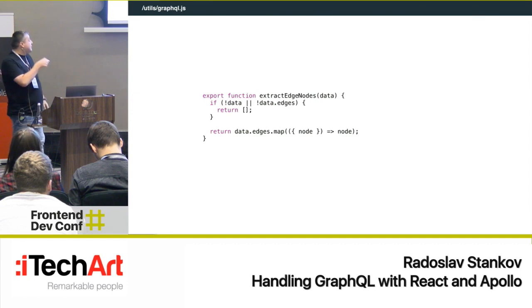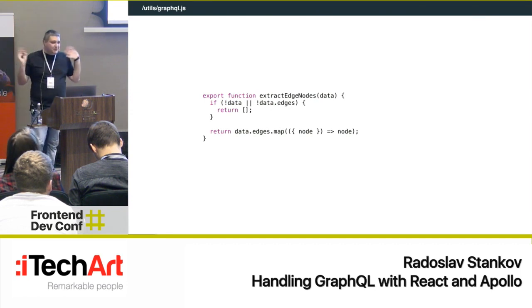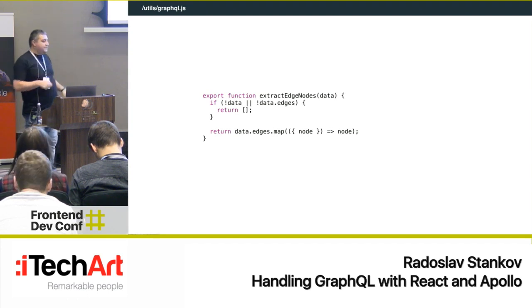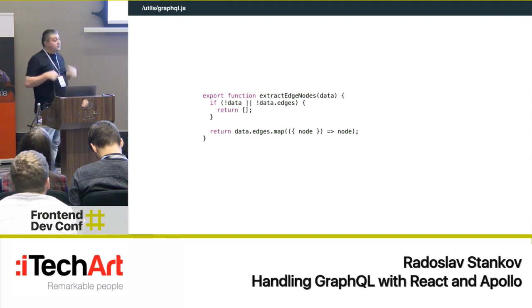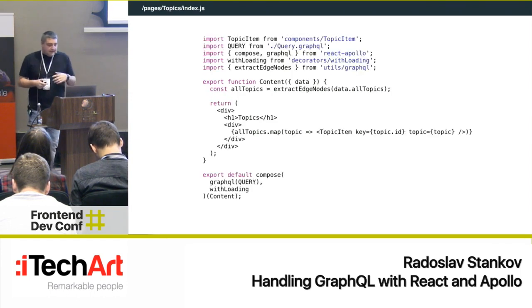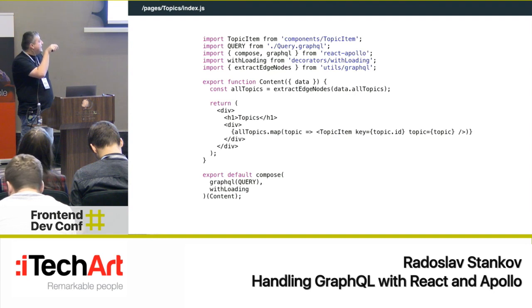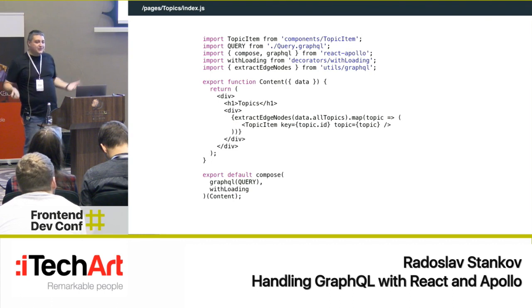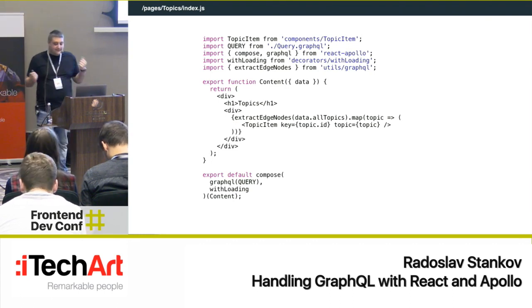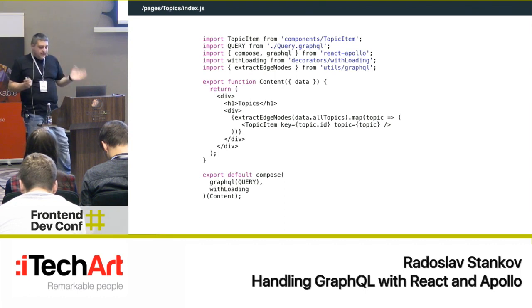And because this is JavaScript, you have to have checks, because who knows who is passing what from where, and also whether data is loading. You put it in a utils folder where you have a bunch of those GraphQL related functions which convert your data in some cool ways. And now it's quite more readable. We get all the topics from extracted edge nodes. It's so cool that you can inline it and we don't have any variables again, which is cool because less variables, less things to break. And yeah, this is our query.